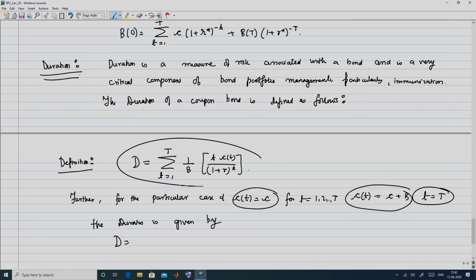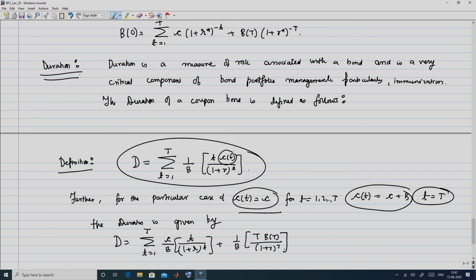So, what does this relation reduce to in this particular case? d is equal to summation t equal to 1 to capital T of small c over b, because this is a constant c now, into t over (1 plus r) raised to t, plus 1 over b into t of capital B t divided by (1 plus r) raised to capital T.